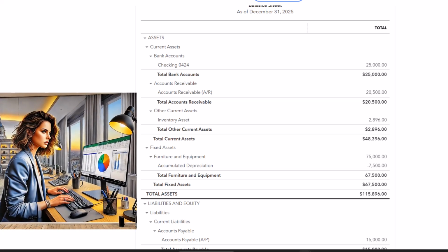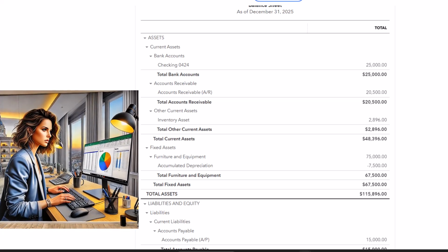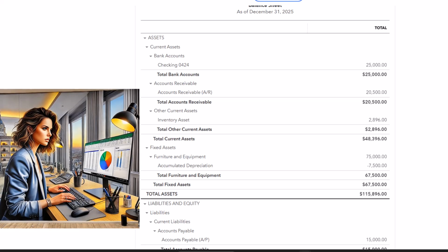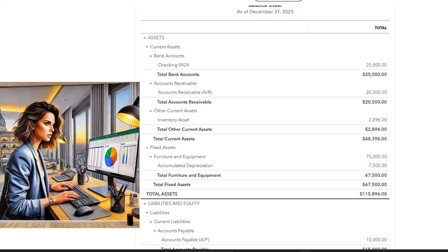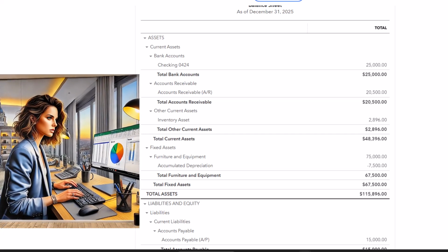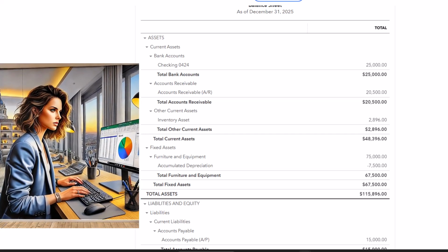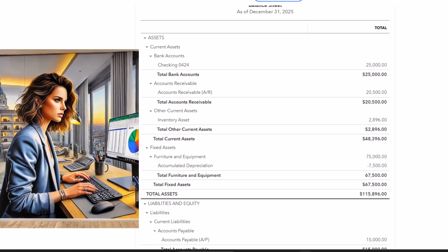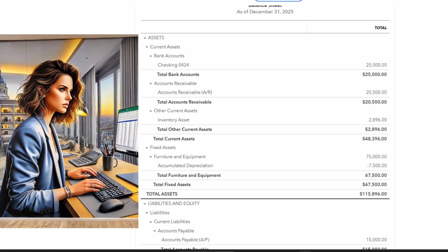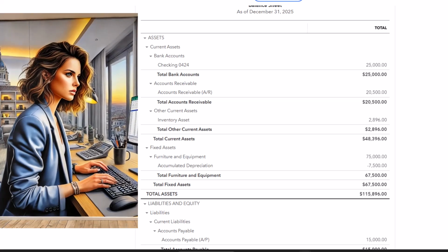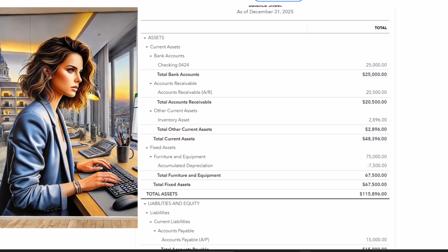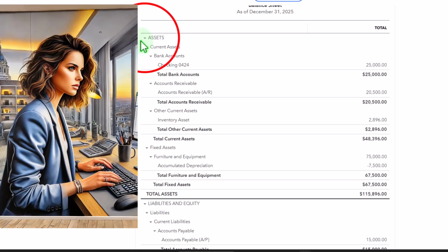So in other words, if you have a new business that you're going to be setting up, then first, of course, you're going to have to get the business up and running. We've been talking about getting the QuickBooks file up and running, but now we want to think about the transactions that will be recorded to get the business up and running before we can start the day-to-day transactions, the day-to-day type of sales transactions. So just to get an idea of that, let's first look at the balance sheet.